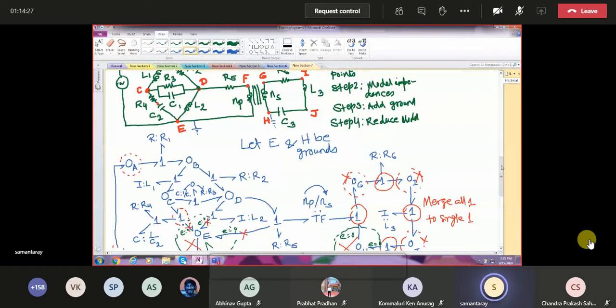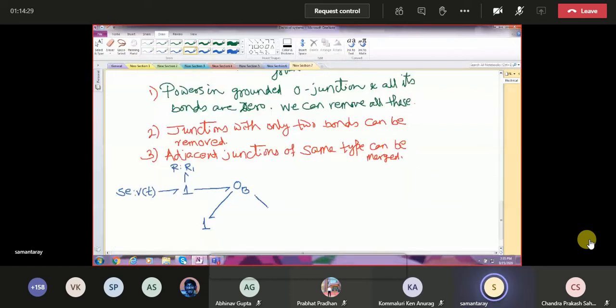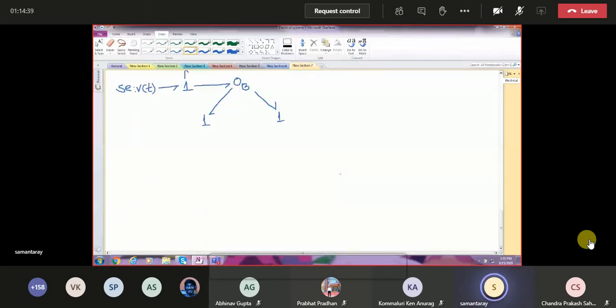So we have 0B. There is 1 junction. I have just changed the layout a little bit because it will look nice with this. I have 0C. I have 0D.